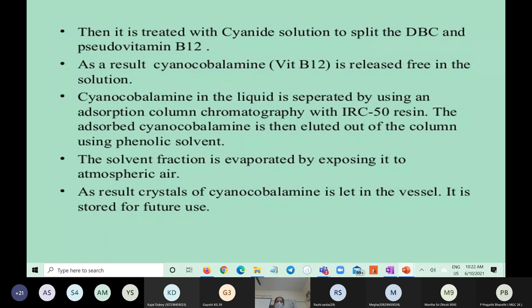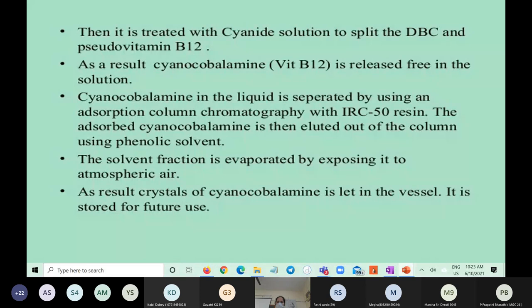So after this anaerobic, aerobic, then recovery, and in the recovery, firstly the centrifugation, then treatment with acid, then this heat treatment. After that heat treatment, cyanide solution treatment is there. After cyanide solution, the vitamin B12 is released free in the solution.